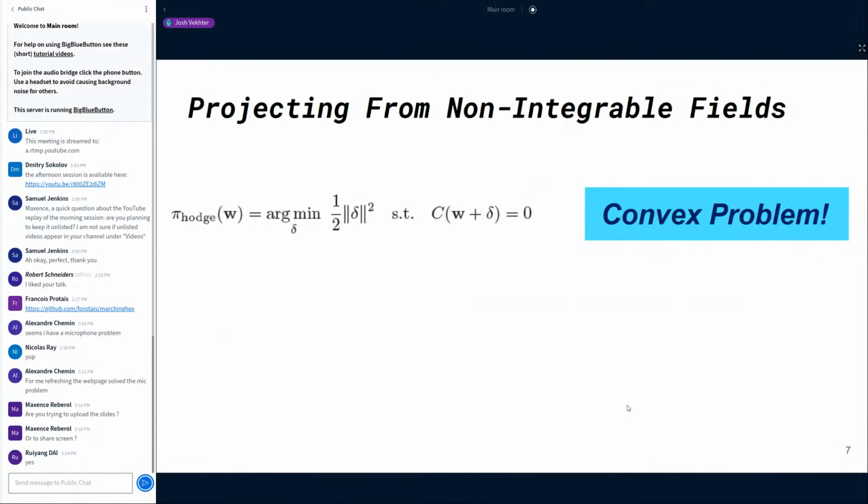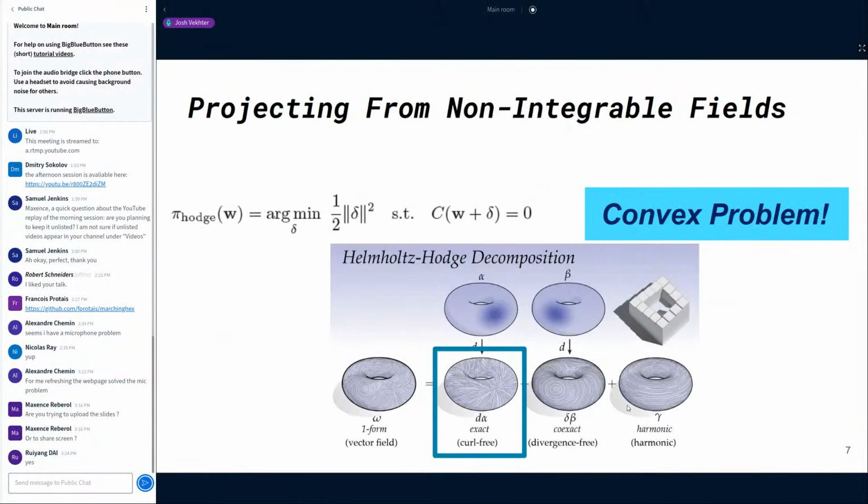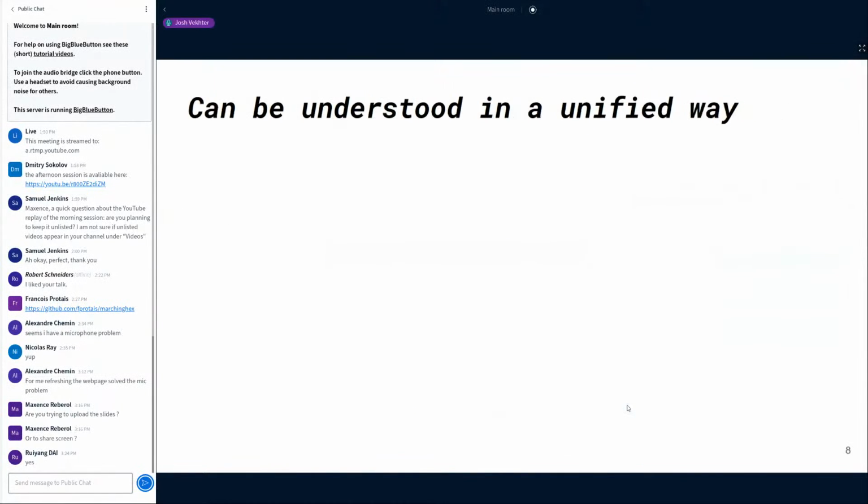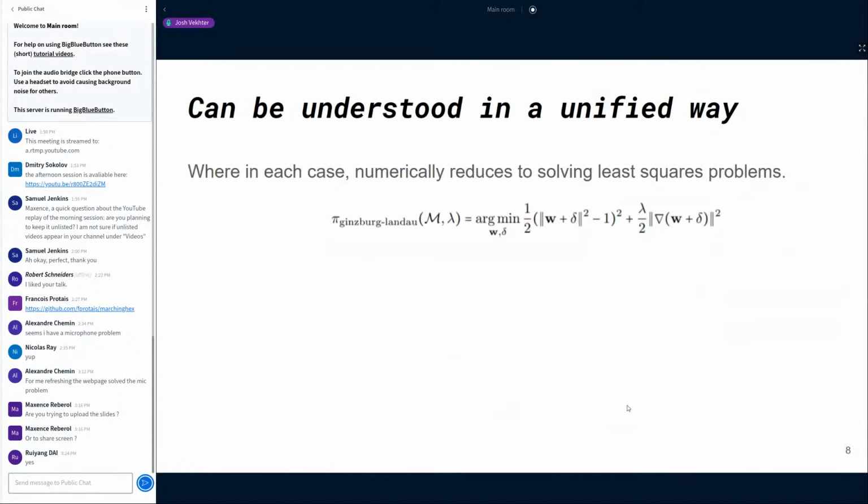And this will give you the curl-free part of the Hodge decomposition. But there are other problems. There's the Ginzburg-Landau problem, where you want a vector field which is everywhere close to unit and also smooth.